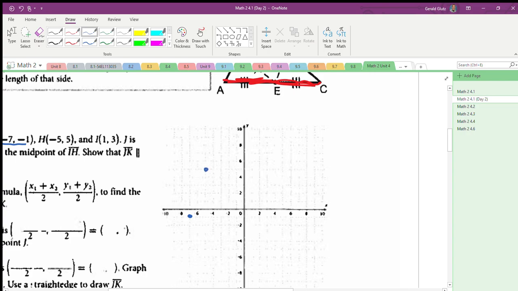And then finally I is at 1, 3. So right 1 up 3. So it creates this little triangle right here. So this is G, H, and I.